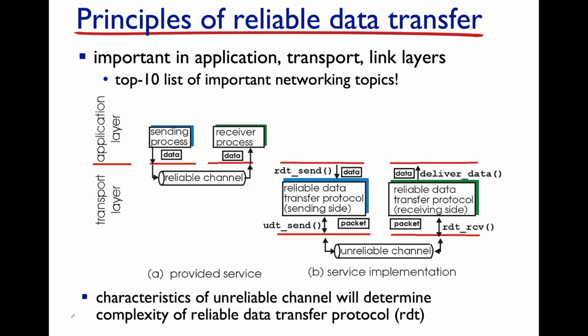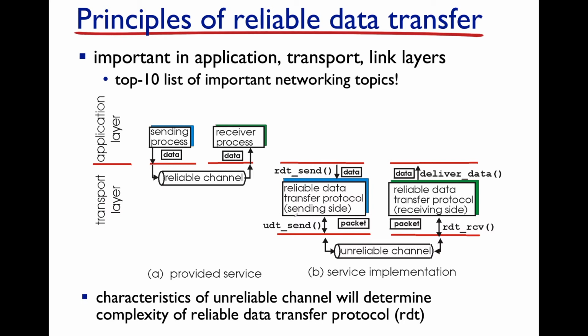So we call that RDT send, and that's in the book. And when the data arrives at the transport layer endpoint in this communication on the receiver side, a deliver data method is called. And so that takes this data that emerges on the receiver endpoint and it sends that message data up into the receiving process.